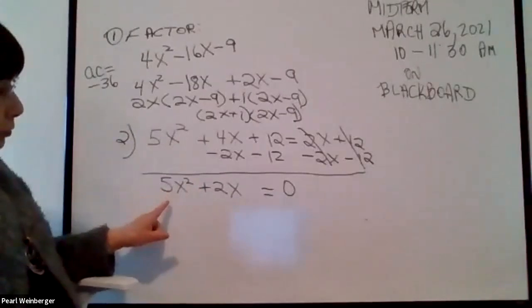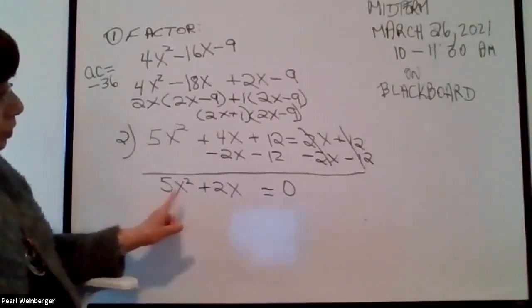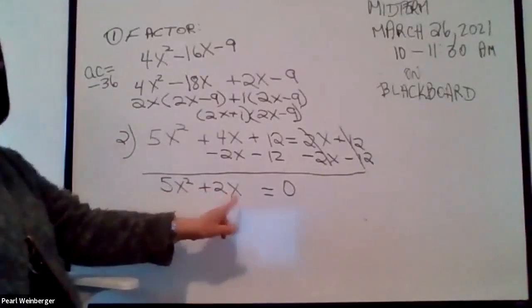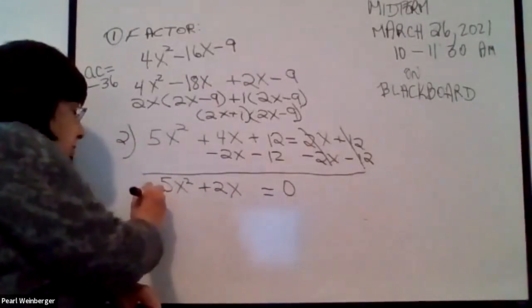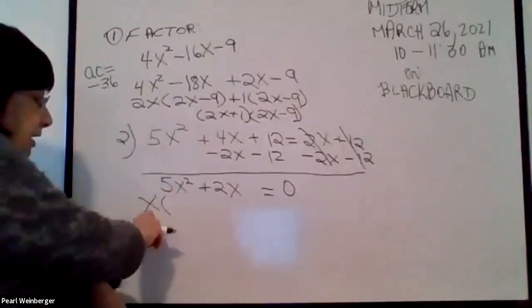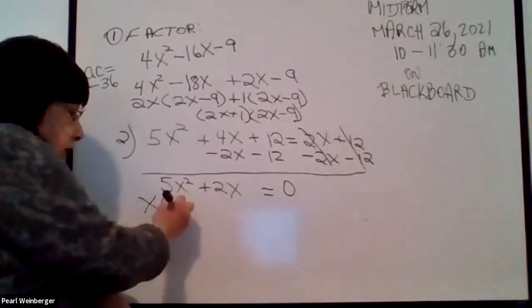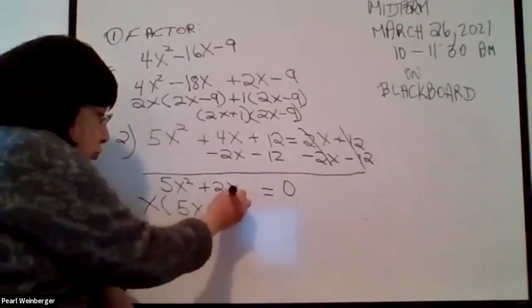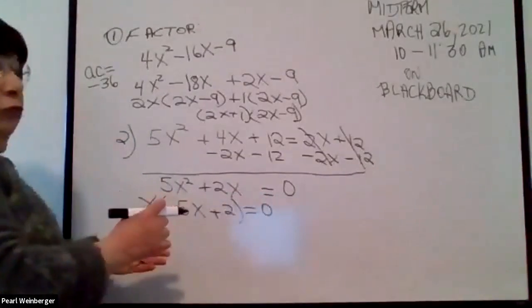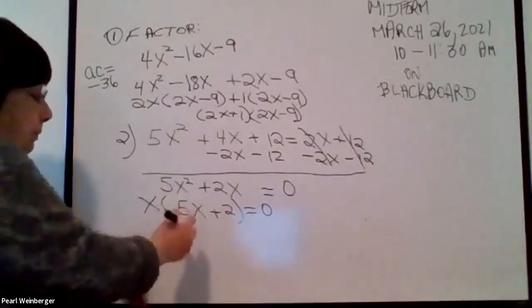In this case there is: this one is an x squared and this is an x, so x is a common factor and I can put it on the outside. X into 5x squared gives me 5x. And x into 2x, the x's cancel out, and I'm just left with 2. That equals 0.